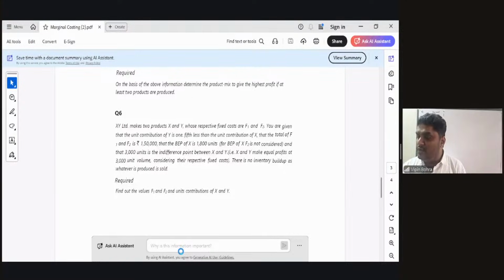For product X the fixed cost is F1, and for product Y the fixed cost is F2. You are given that the contribution per unit of Y is 1/5 less than the contribution of X.